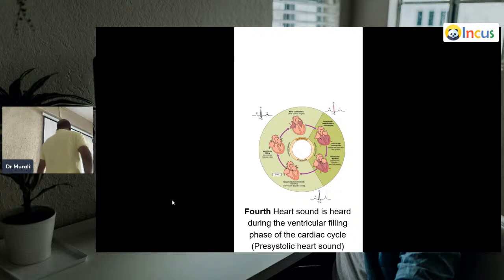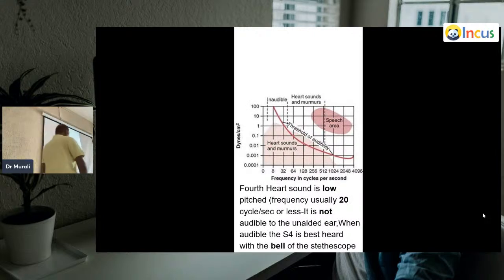So the fourth heart sound is heard typically during the last one-third of the diastole and just before the systole. That's the reason the fourth heart sound is also called the pre-systolic heart sound, is what you have to emphatically remember.